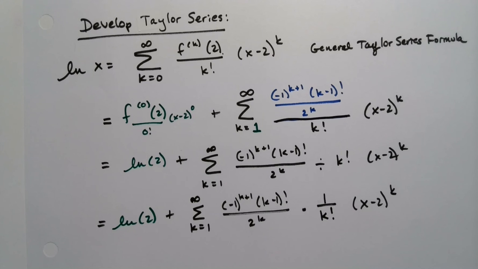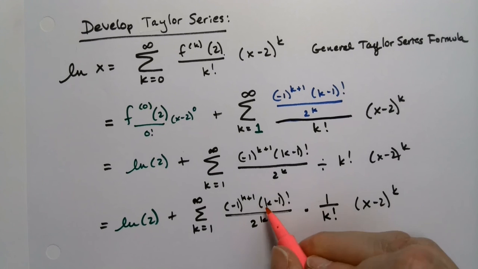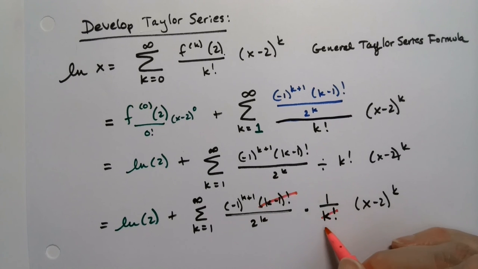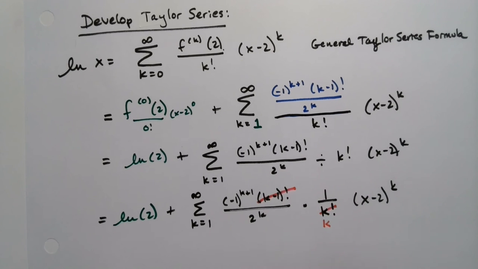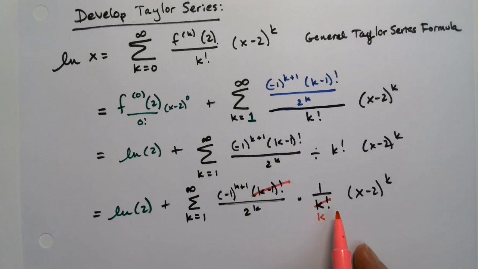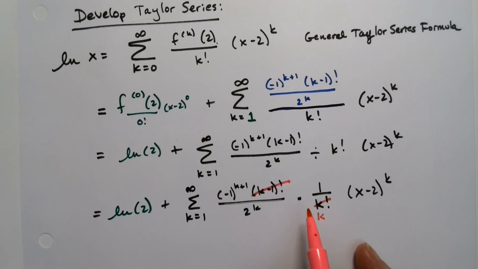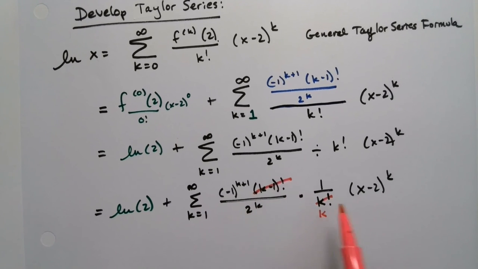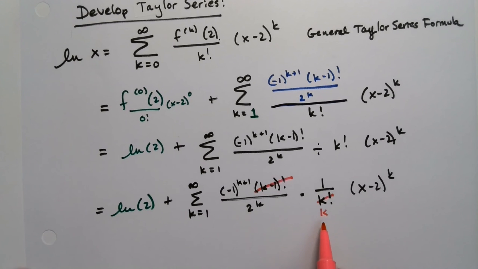Okay, well, what's going to happen here, the k minus 1 factorial and the k factorial are going to cancel and just leave you k, because this is k times k minus 1 factorial. So it's k, k minus 1, k minus 2, and so on. And this was k minus 1, k minus 2, and so on. And so they all go away and just leave you a k sitting there.